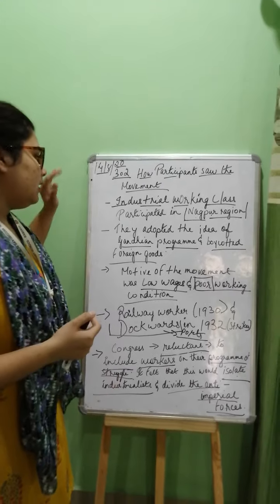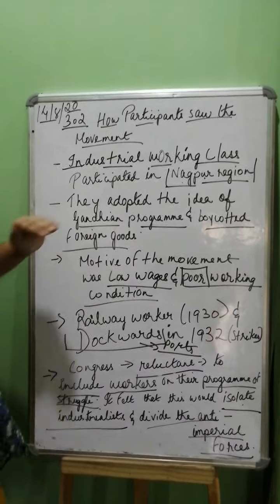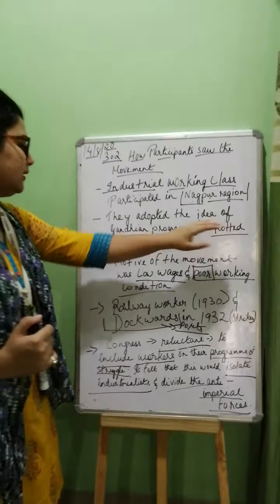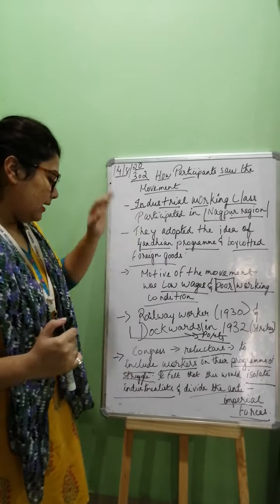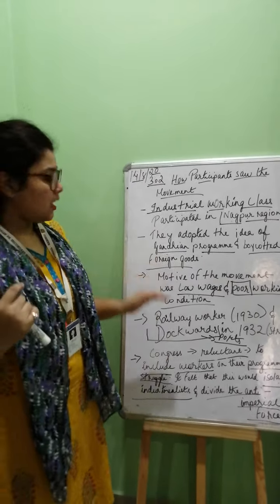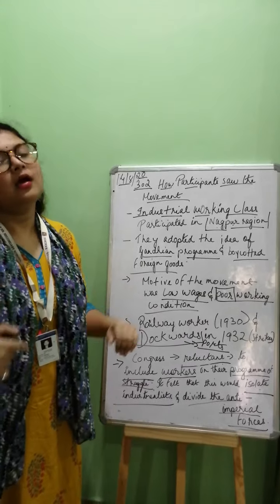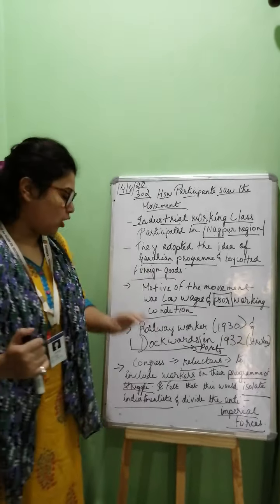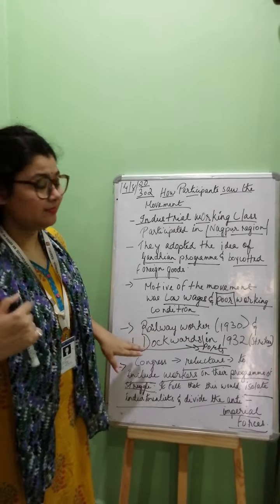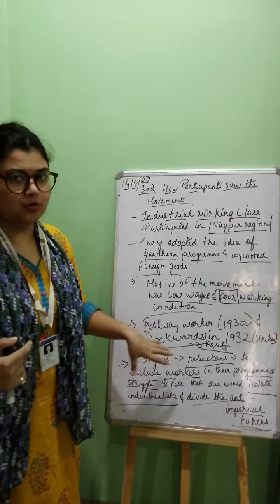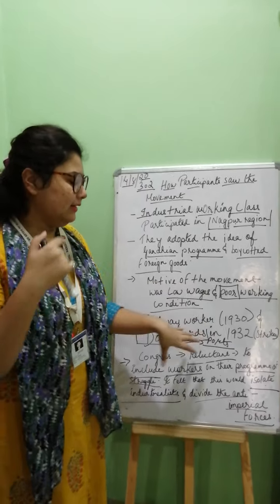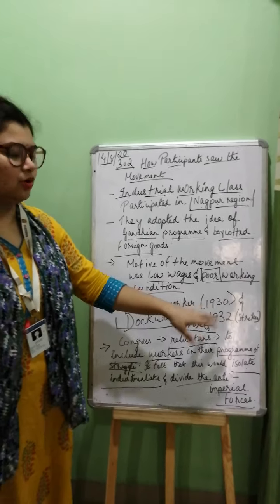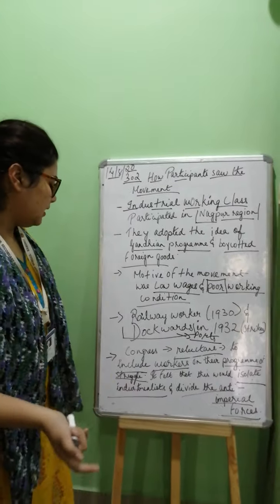They adopted what program? Gandhian program, and they boycotted foreign goods. Even railway workers went on strike in the year 1930, and dockyard, the word dockyard means the workers of the ports, in 1932 they also went on strike.